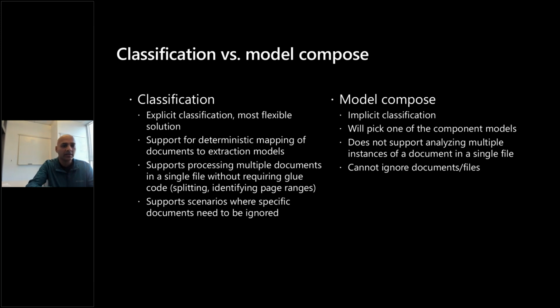And these are some of the deeper nuances that you might get into as you get into Form Recognizer. There's a lot of information about this in the documentation. The recent update to the documentation has a number of updates that include some of these challenges about why you might want to pick one versus the other, as well as the pros and cons of each of those choices that you make.